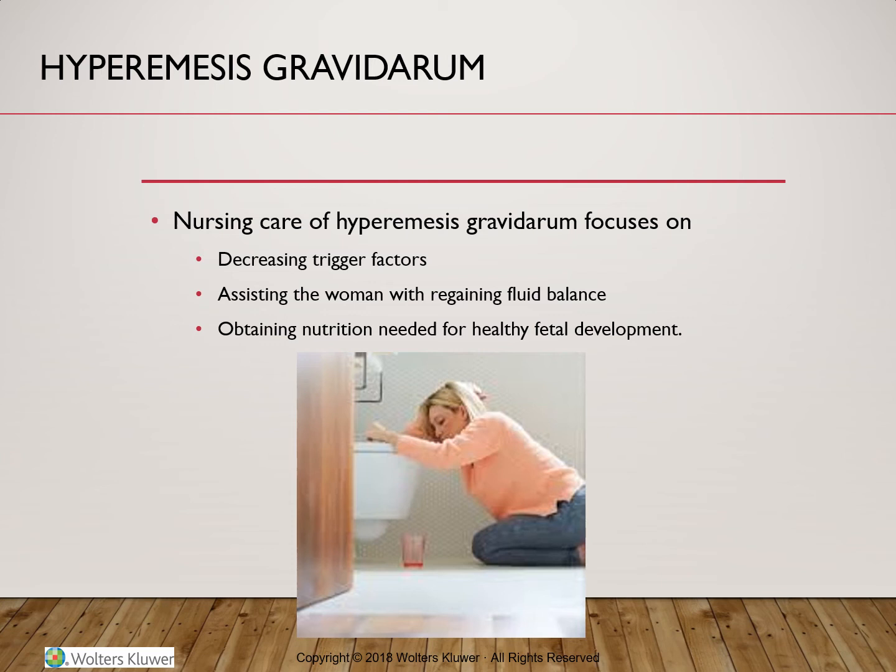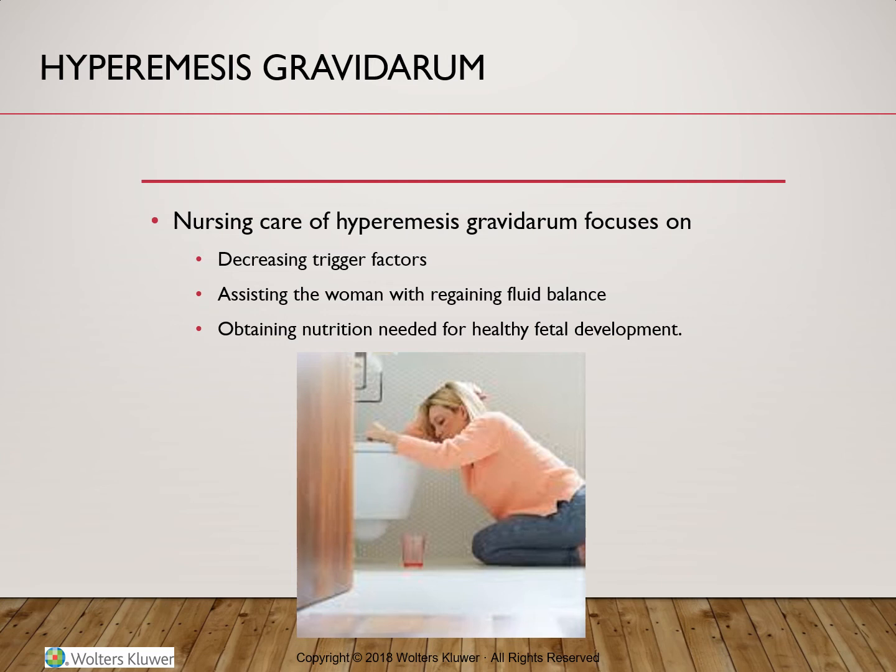Our patients, if hospitalized, will be NPO for the first 24 hours or until the vomiting stops. Pyridoxine, or vitamin B6, has been shown to be helpful in decreasing nausea and vomiting. Antiemetics can be prescribed. They become more effective if they're given on a regular round-the-clock schedule versus as PRN.